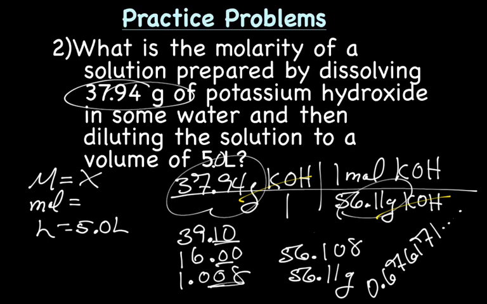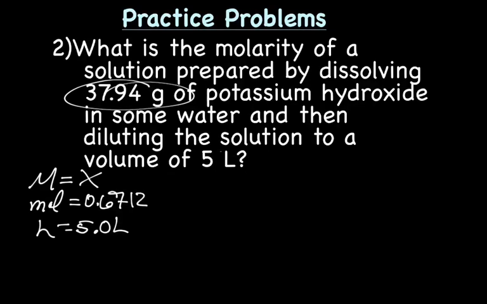And we need 4 sig figs. So 0.6762 moles. So we'll put that in our list, 0.6712. I got a mess here. Let me clean this stuff up. That's better. Moles.